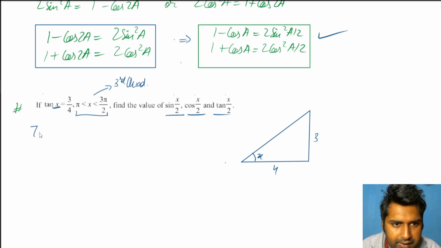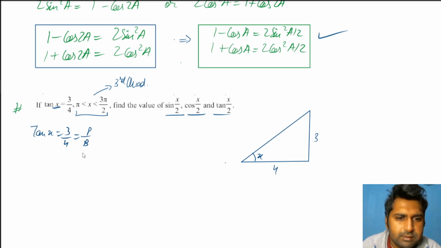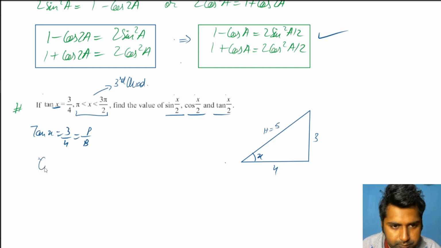So if tan x is 3 by 4, I'm assuming basic knowledge of grade 10th, perpendicular upon base. Using Pythagoras, you can find the hypotenuse will come 5. Now directly generate cos x, because we need cos x. Cos x will be base upon hypotenuse. Base is 4, hypotenuse is 5.